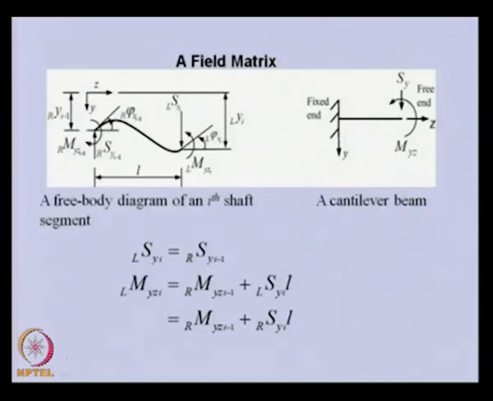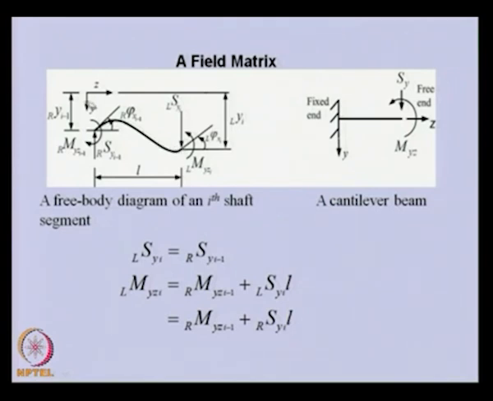Now, if we want to develop the field matrix, this is basically a particular shaft segment, the ith shaft segment. In this we have the z axis along the shaft axis, and y in the transverse direction. We have taken the free body diagram in one of the planes, and similar relations will hold for the other plane, because this shaft is symmetric.